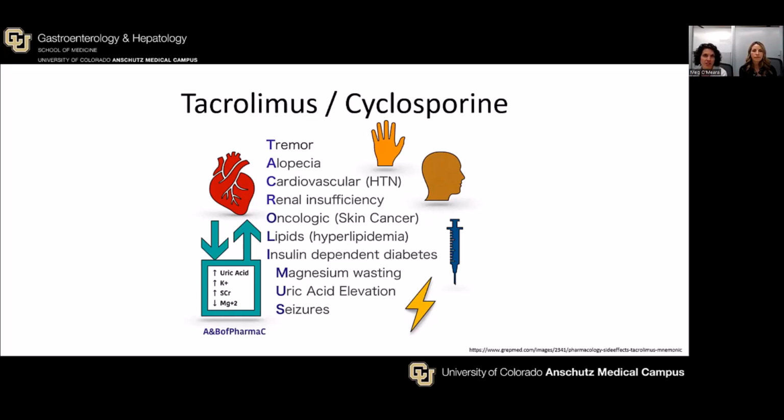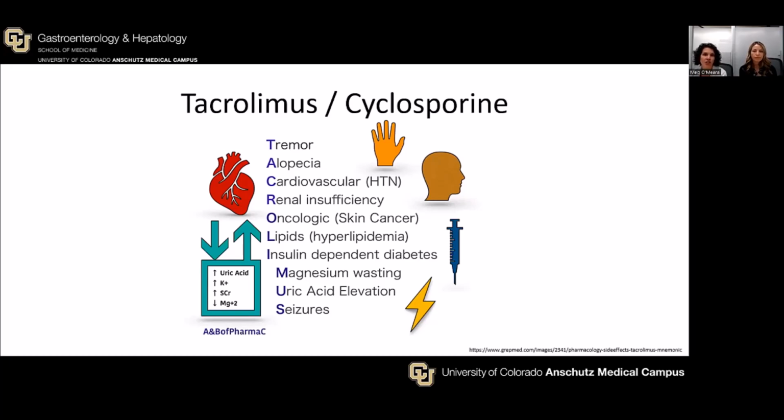R for renal insufficiency. We monitor kidney function very closely in our post-transplant patients, realizing that some patients are more sensitive than others to calcineurin inhibitors, and we'll start to see renal insufficiency. And that can even be a reason that we will transition to some of the other immunosuppressive agents. We'll talk about that more in just a minute.